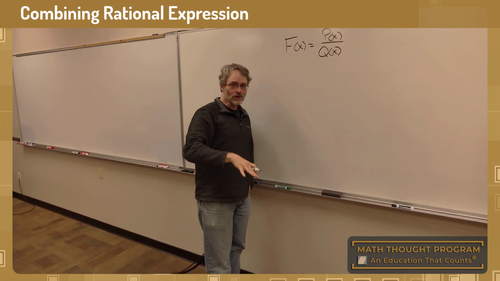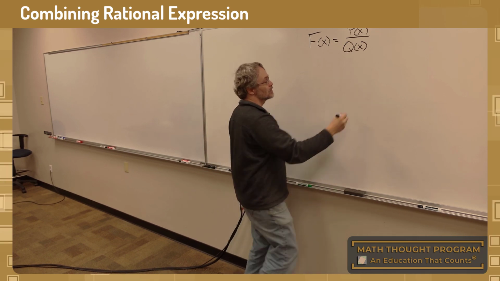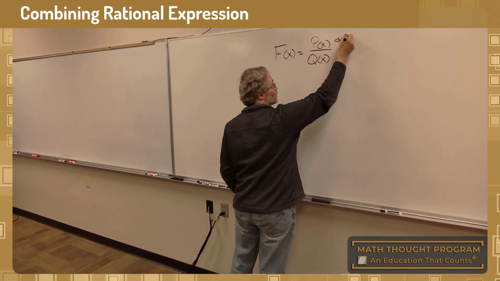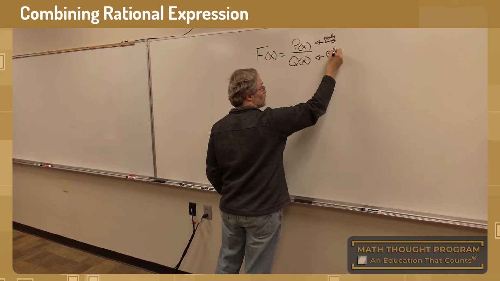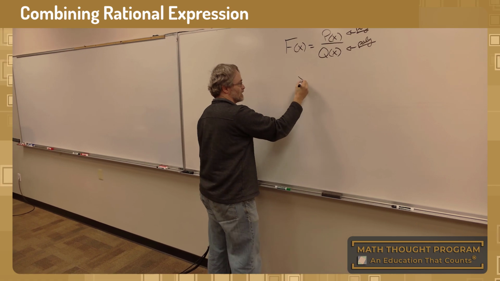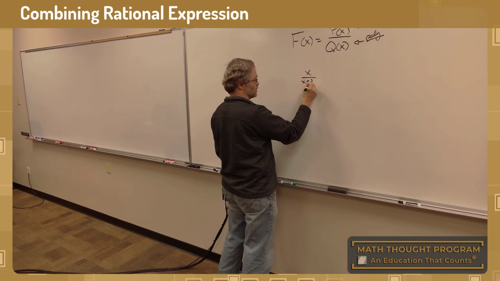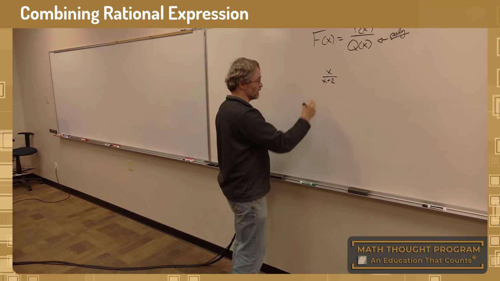The numerator and the denominator are both going to be polynomials. So up here, we have a polynomial, and down here, we also have another polynomial. So maybe something such as x over x plus 2. That's going to be a rational function that we'll look at.